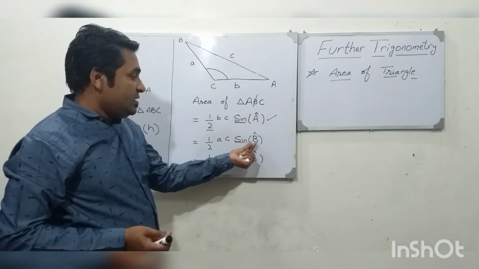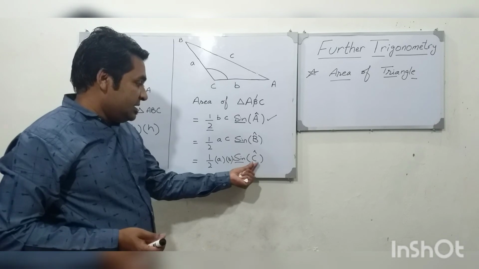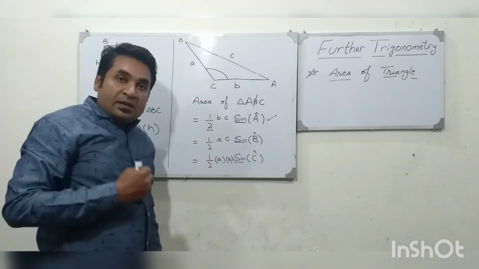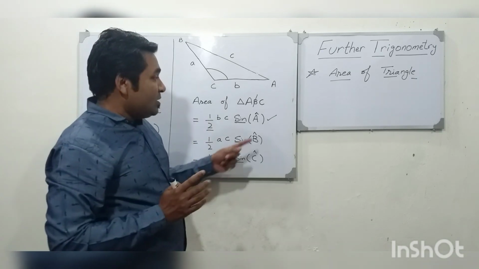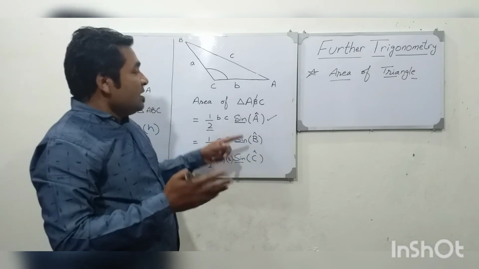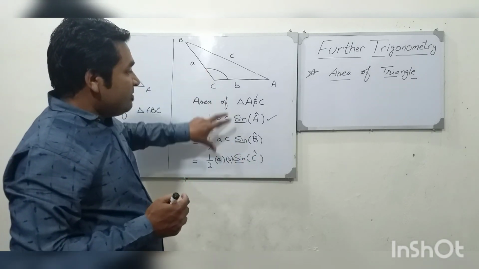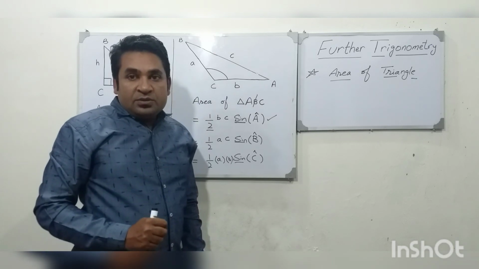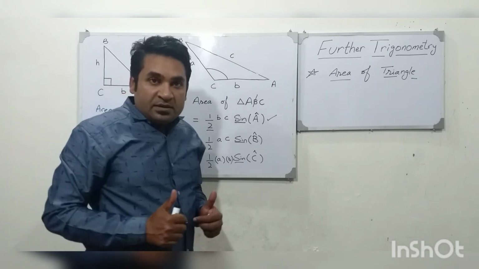Angle is given at B, you will use ac. Angle is given at C, you will use ab. All of them are giving the same answer. It doesn't depend on whether the given angle is acute or obtuse. Whatever the value of the angle is, you have to use the formula carefully and you will get the required answer. So I hope this will help you.